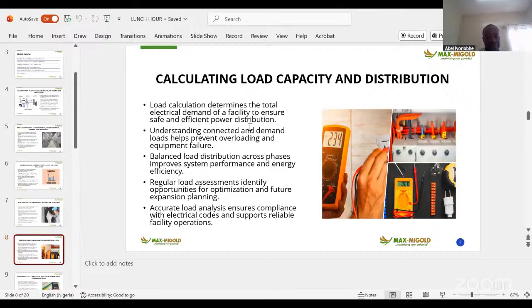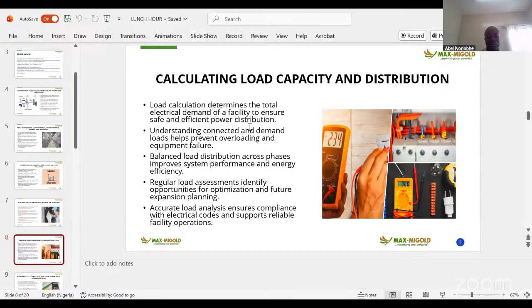Regular load assessment, like I said, allows for future expansion. If, for example, you are now bringing something to add to what you currently have, you should check what you have, what your trend has been, and then recommend what to be added. If you go and add a higher capacity of load, you are defeating the purpose of procuring that transformer or generator.